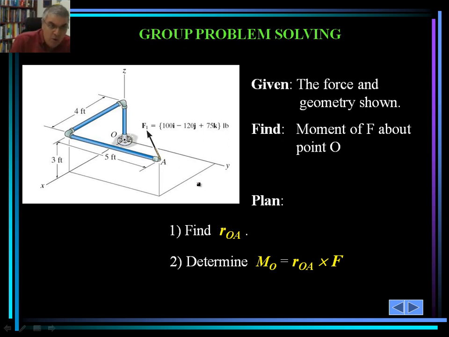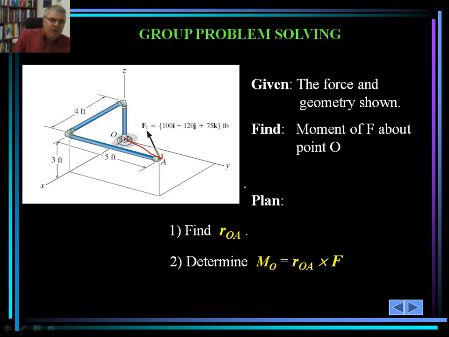In this case, O and A. So we need to find the position vector R sub OA that goes from O to A, and we simply cross that position vector by F and determine the moment about point O.